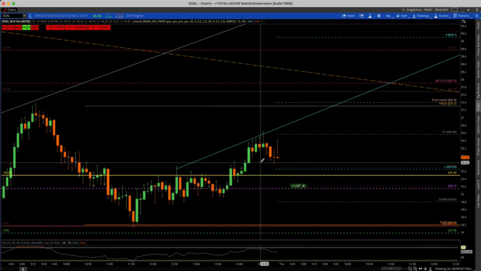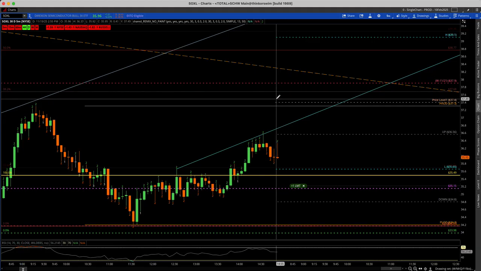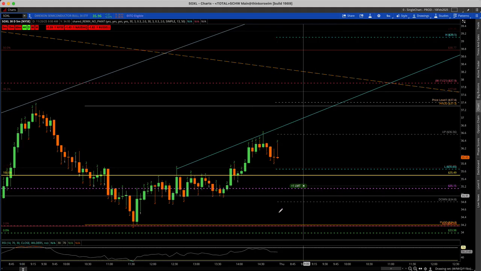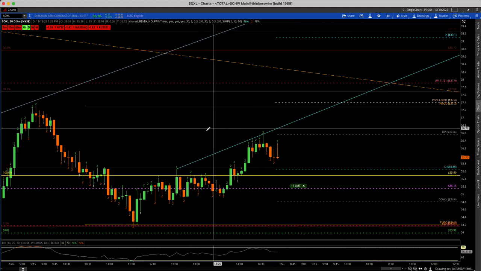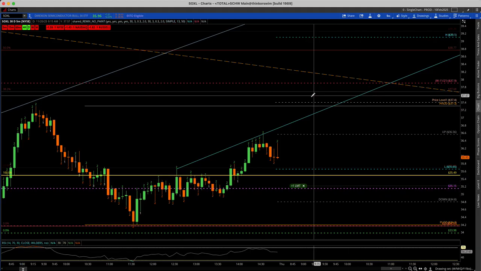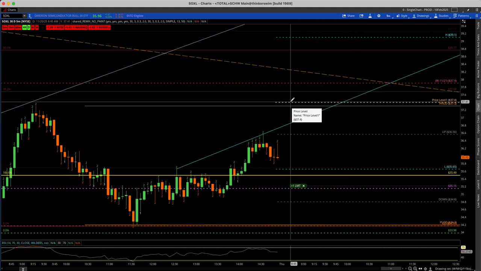So keep in mind where we open, where the high was overnight, and the different sets of people out there that will be competing in the morning. The overnight traders that may have gotten in a little late right before market opens.